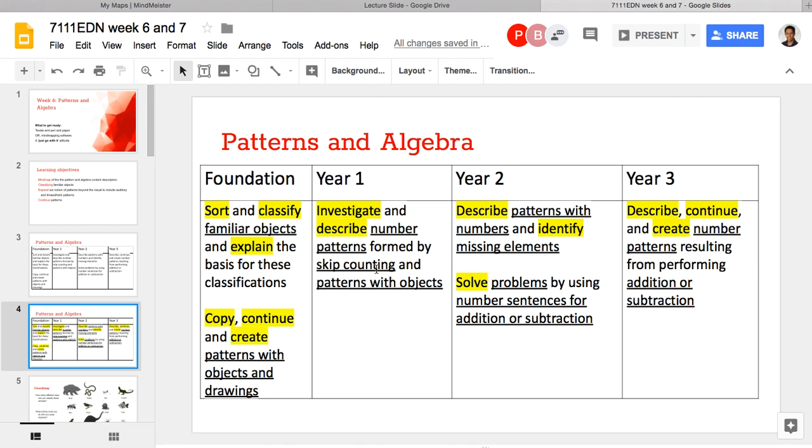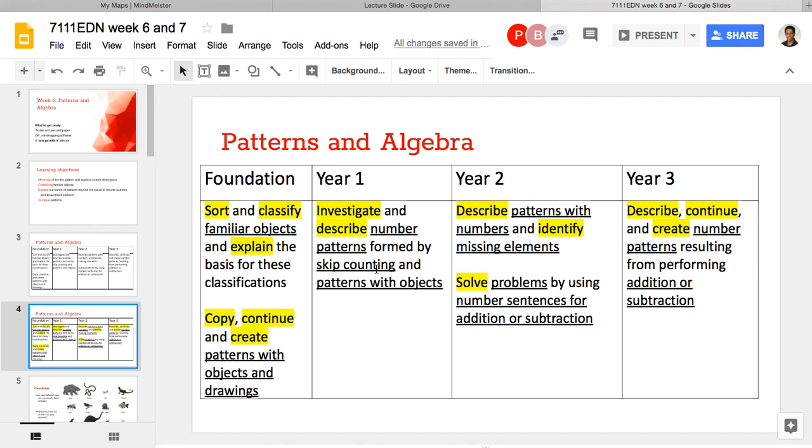Well, they are your twos times tables. And if you skip count in threes, well, they are your 3 times tables, and so forth. So you can see that the seeds of the multiplication timetables are planted quite early here in year 1, and we pick up again that concept later on.